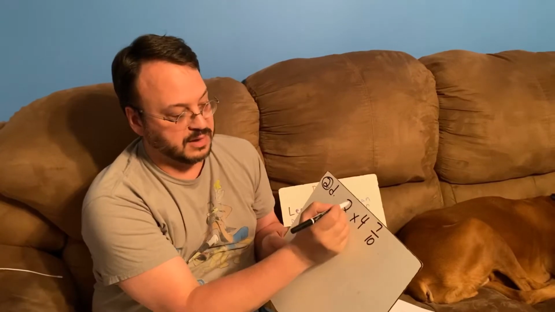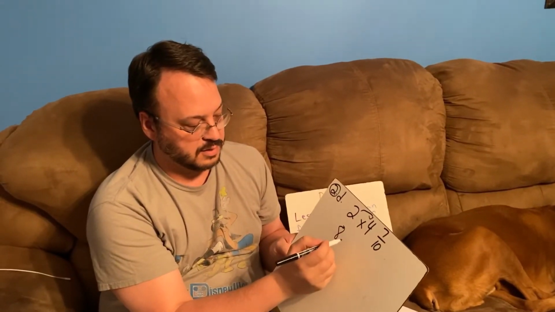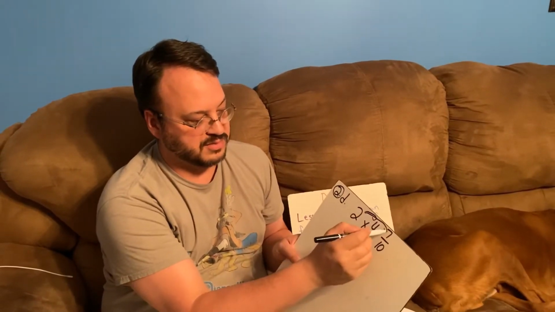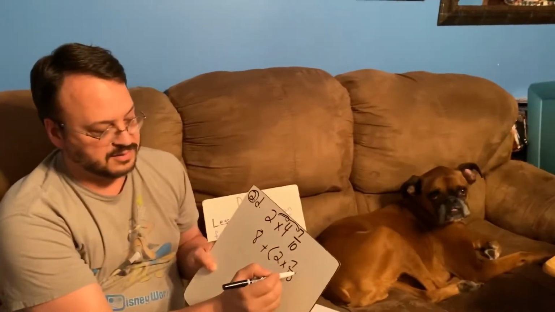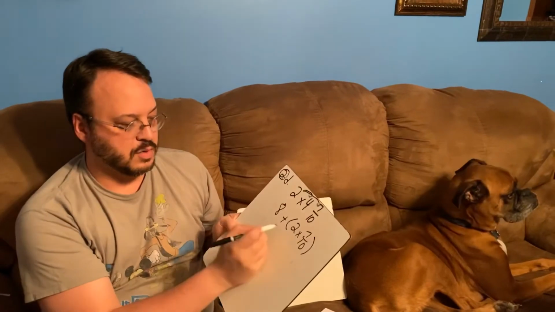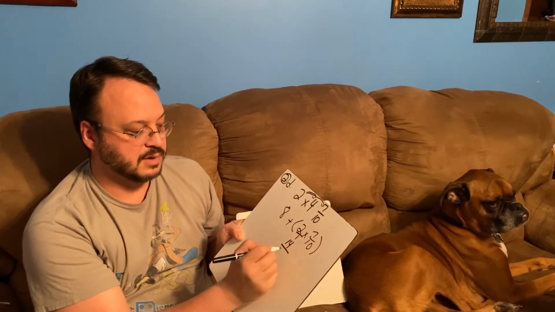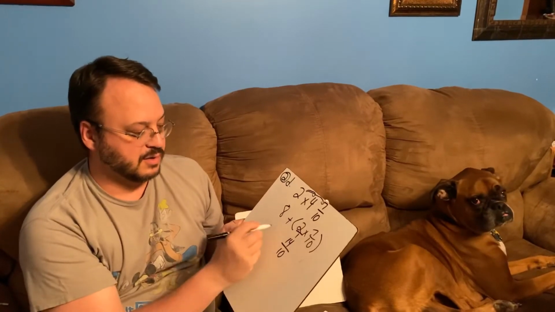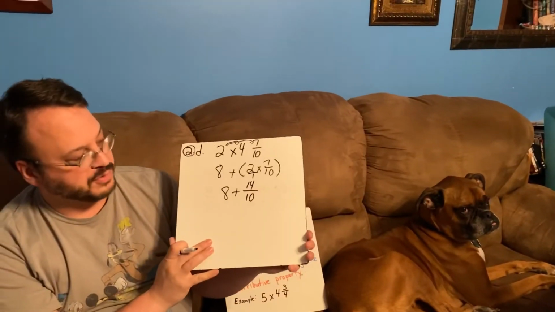I can always say, well, 2 times 4 is 8 plus, and let's put this in parentheses, 2 times 7/10. Well, that's 2 over 1. 2 times 7 is 14. And 1 times 10 is 10. So now I've got 8 plus 14/10.